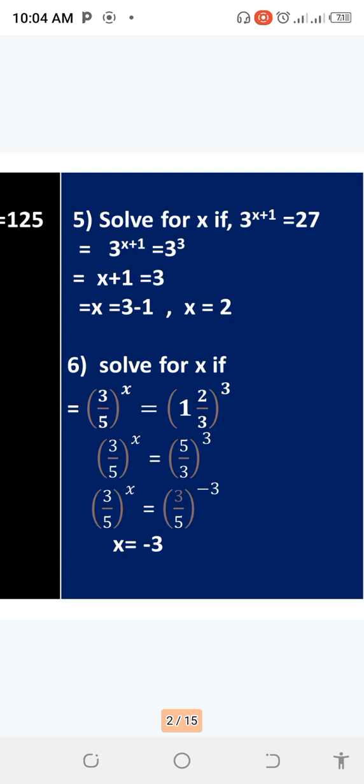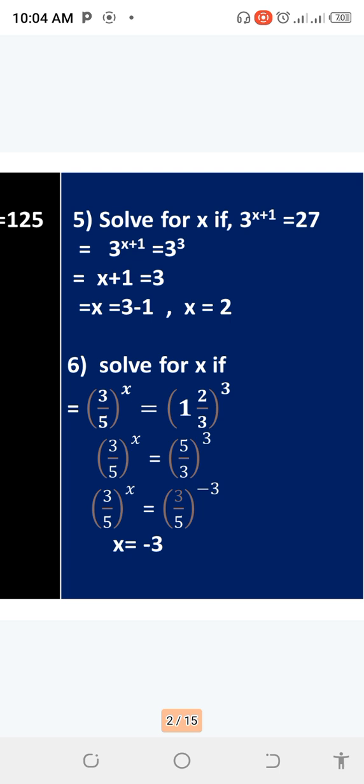Now let us take a look at question 6. It says solve for x if 3 over 5, bracket open and close, exponent x is equal to 1 whole number 2 over 3, bracket open and close, exponent 3.